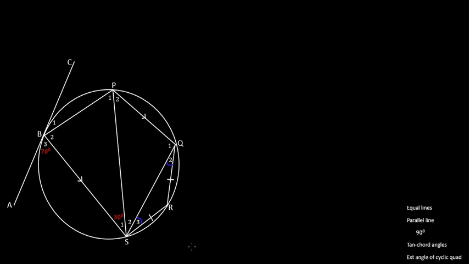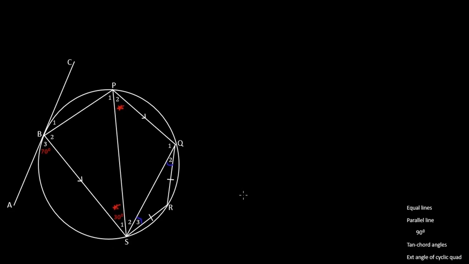Are there any parallel lines? Yes. And they suggest that angle S1 equals angle P2, alternating angles. Is there a 90 degrees? No. Are there any tan chord angles?